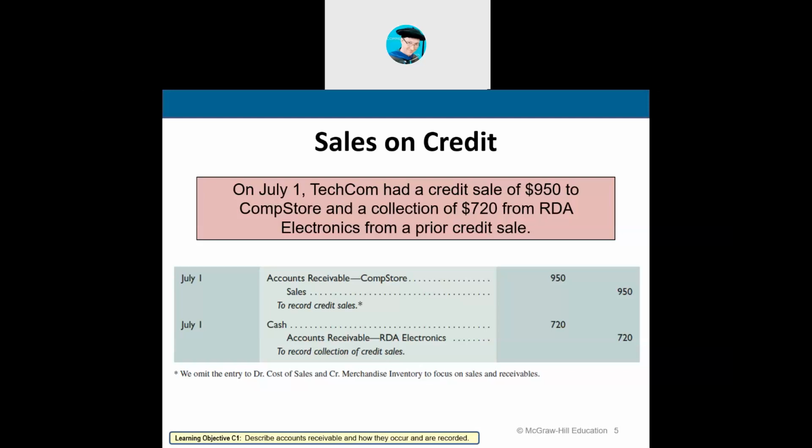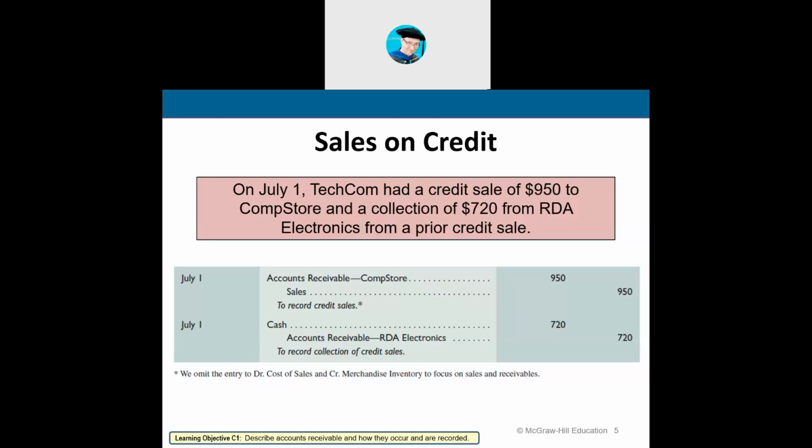And a collection of $720 from RDA. So there's two different transactions. The first transaction, we're selling to our customer on account. So we debit accounts receivable to increase accounts receivable for that customer, and we credit sales to increase sales.